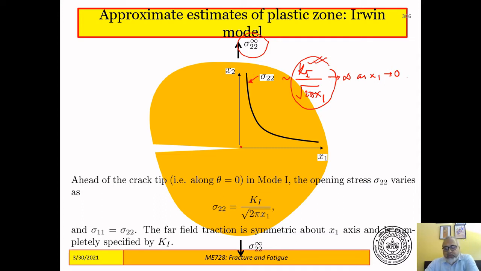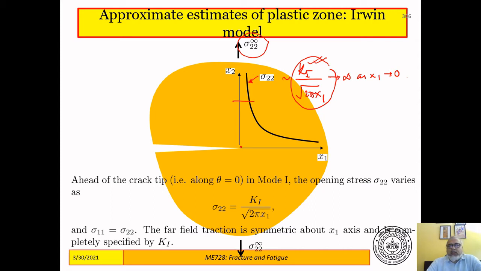So with this situation, now we have come to accept the fact that this is not allowable in a real material, and then the stress must be cut off somewhere. There must be a cutoff for the stress, and let us see what that implies for our crack tip.